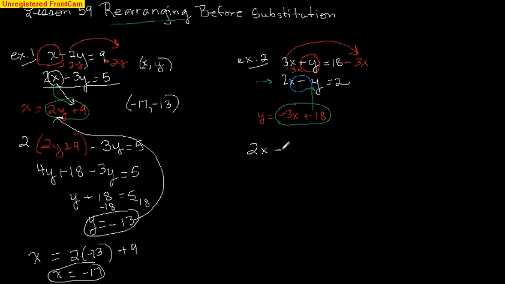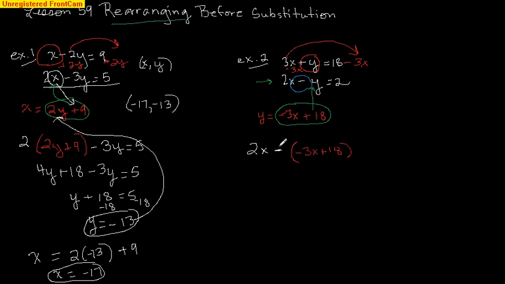Y is equal to minus 3x plus 18. If you didn't have your parentheses, it would be hard to remember that you're going to need to distribute this negative sign. You might think it's just negative 3x and then the plus 18. So you need to use parentheses when you're substituting. See, I use parentheses over here. You have to use your parentheses when you're substituting.